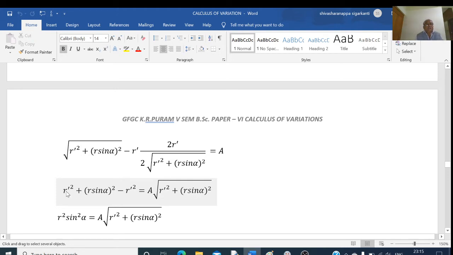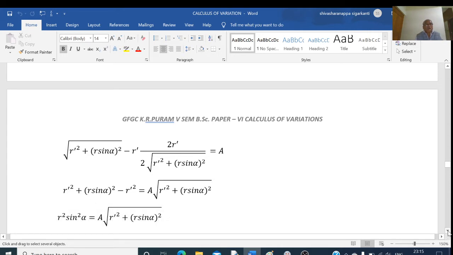Now on the left hand side, r dash square minus r dash square gets cancelled. I am getting r square sin square alpha is equal to a into the square root of r dash square plus (r sin alpha) square.